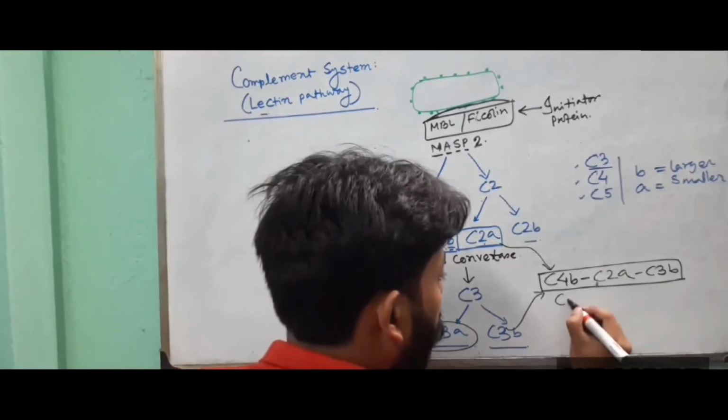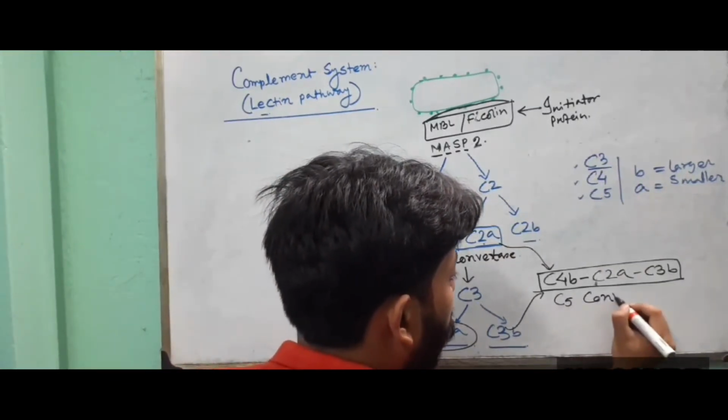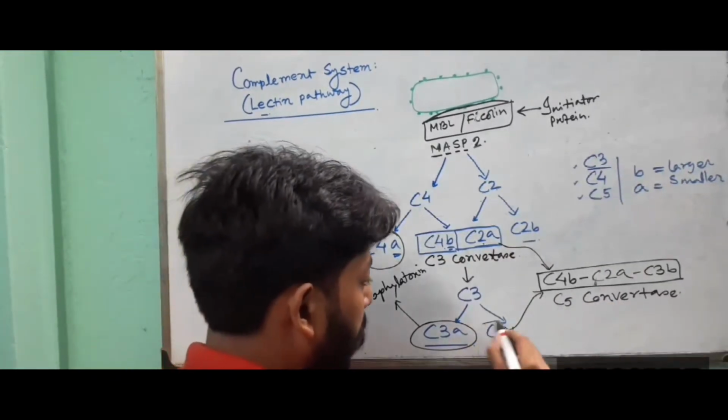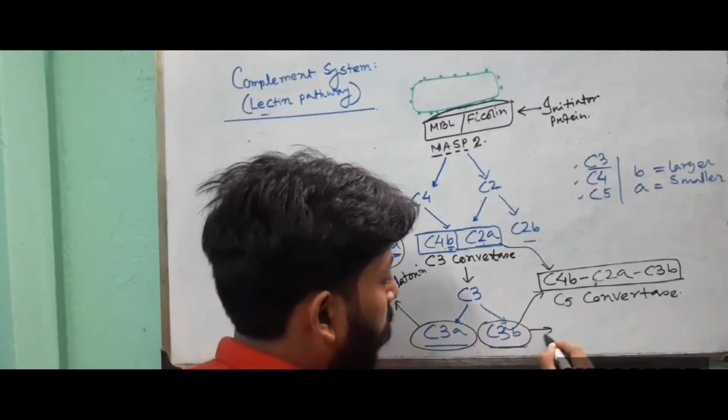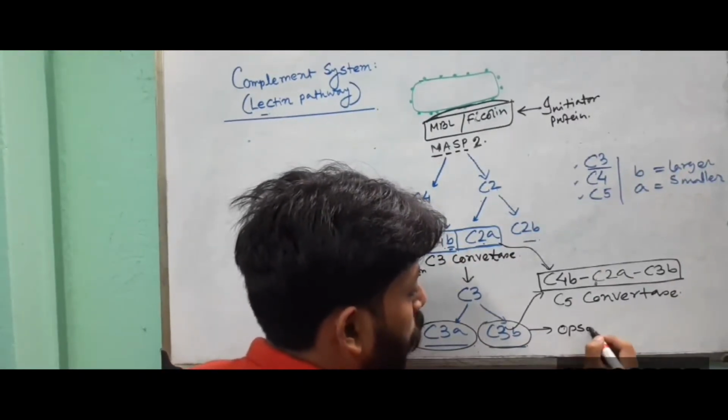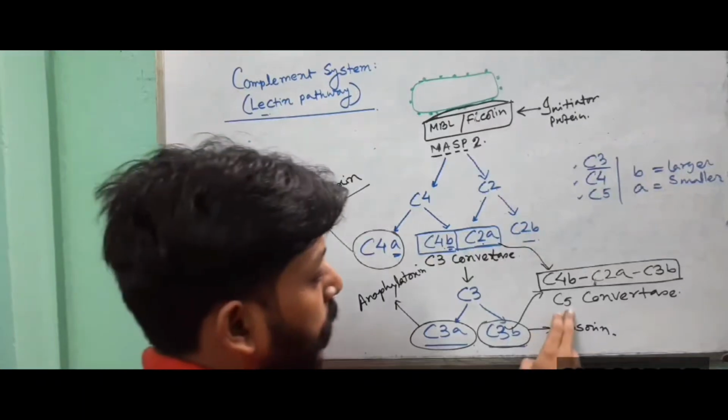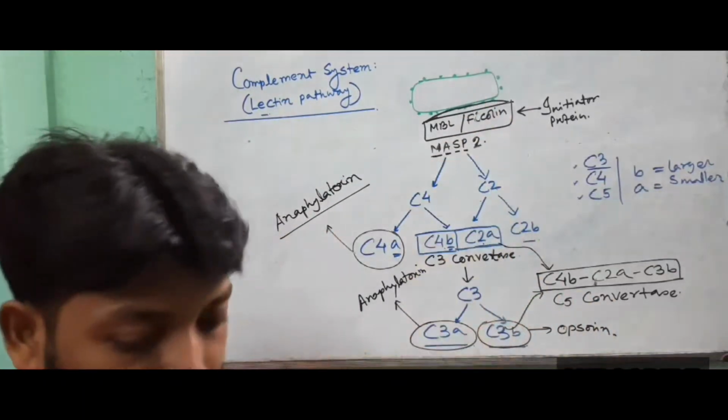This is called C5 convertase. I want to mention in this case that this C3b protein also acts as an opsonin. So the ultimate product in this reaction is C5 convertase.